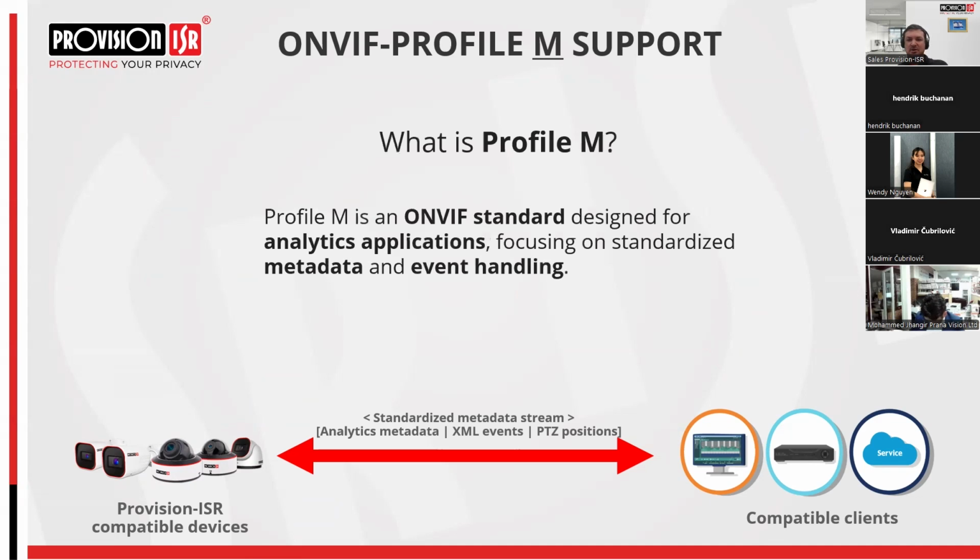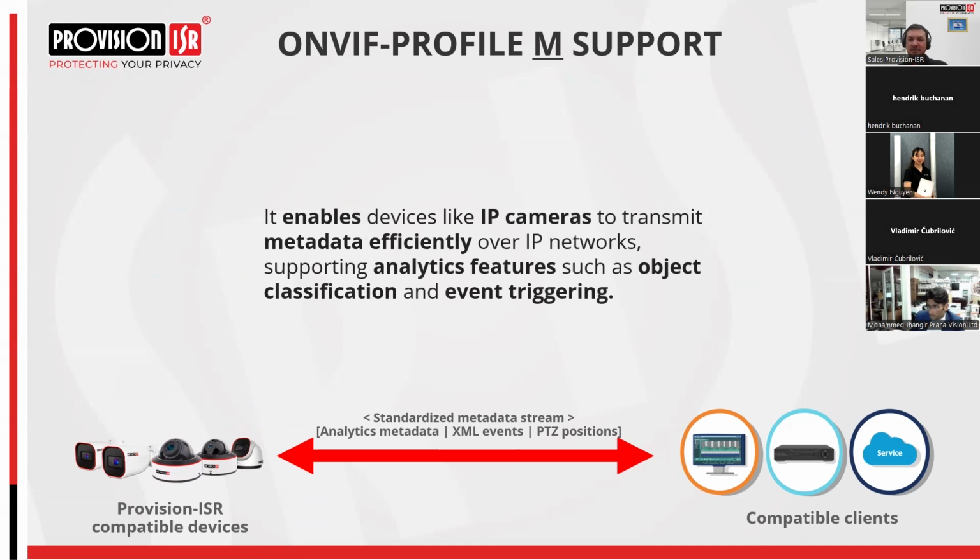Profile M is an ONVIF standard designed for analytics applications, focusing on standardized metadata and event handling. It enables devices like IP cameras to transmit metadata efficiently over IP networks, supporting analytic features such as object classification and event triggering, very important.